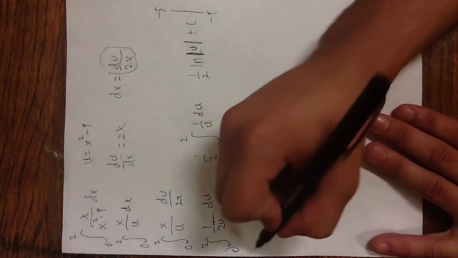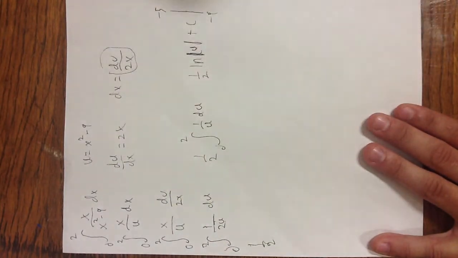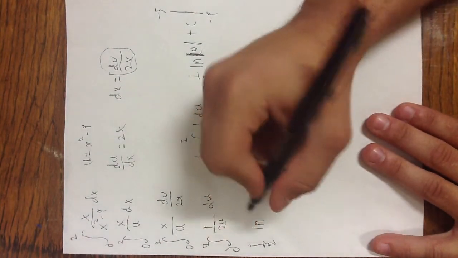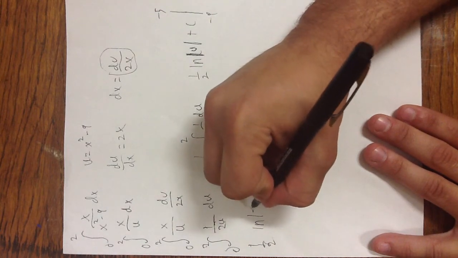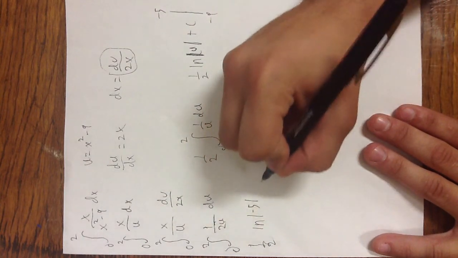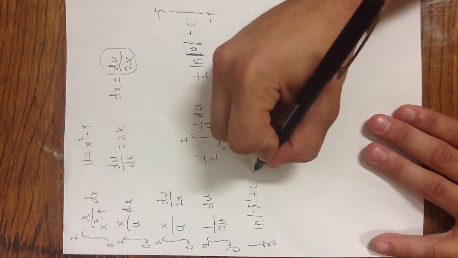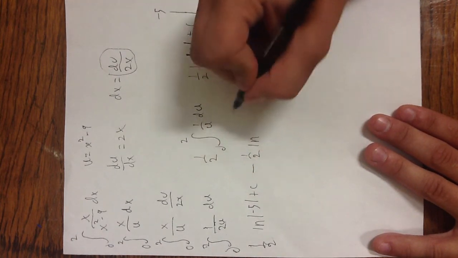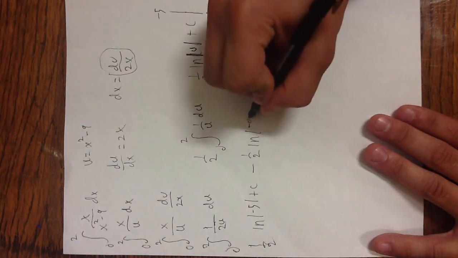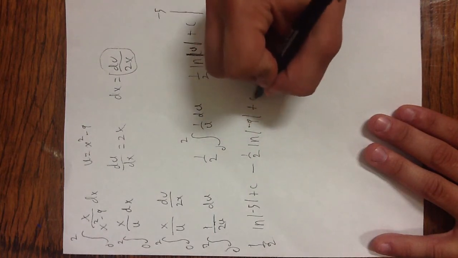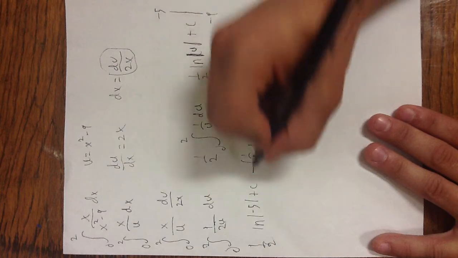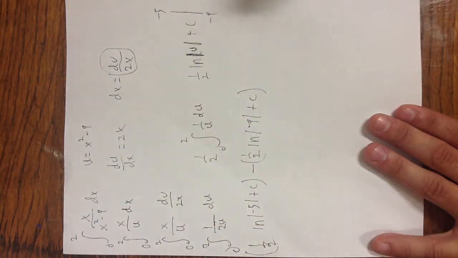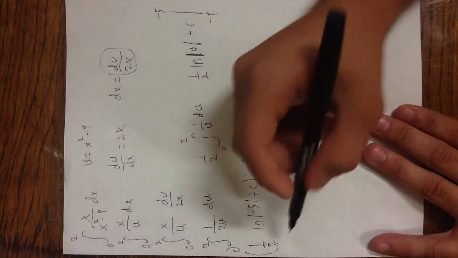So we will have 1/2 natural log of absolute value of negative 5 plus c minus 1/2 natural log absolute value of negative 9 plus c. So we can factor out a 1/2.